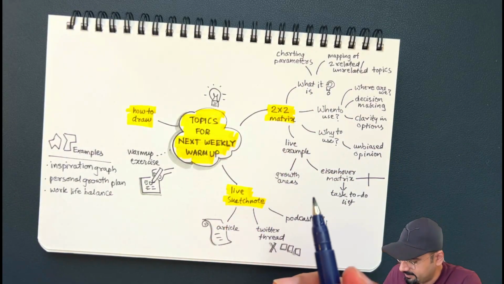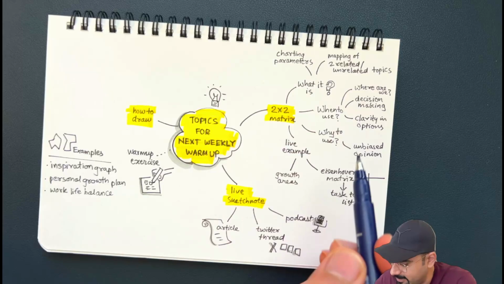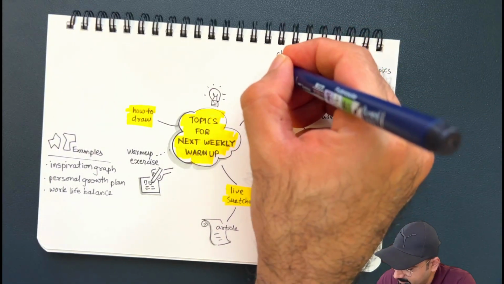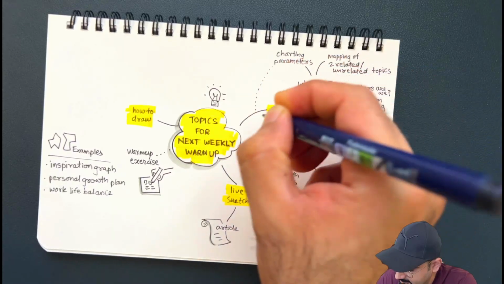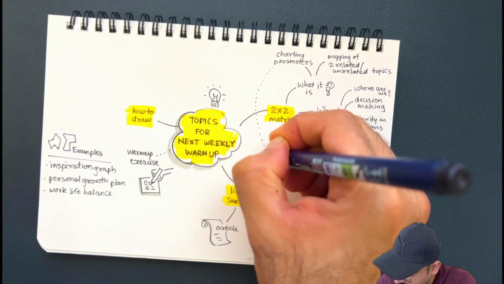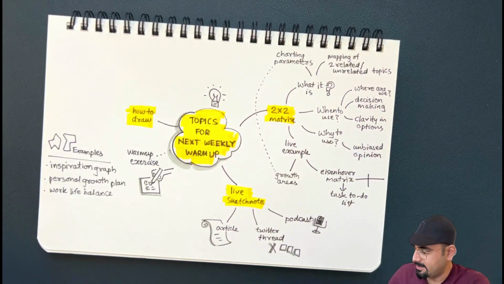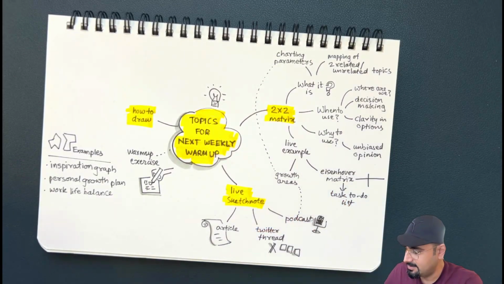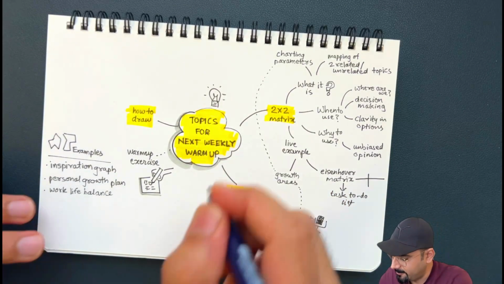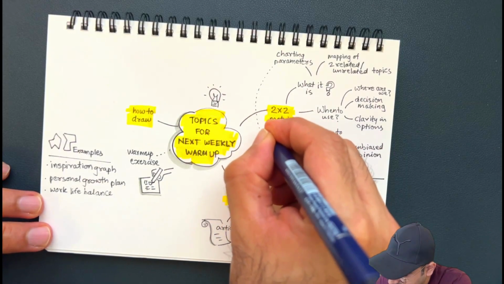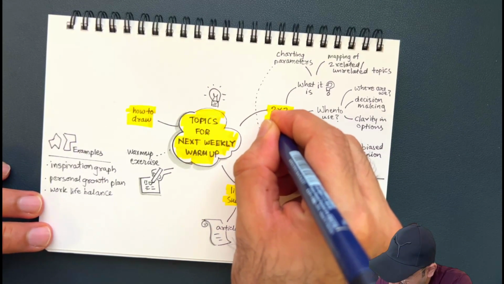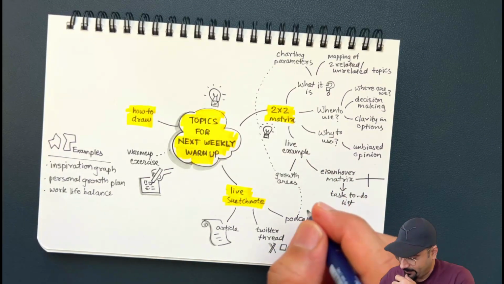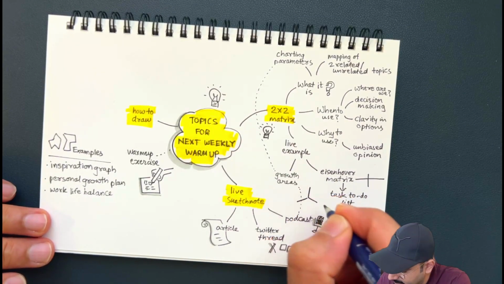So in this case, let's say charting parameters, if I make a connection between that and growth areas, or growth areas and podcast, that can give me some interesting ideas. Or it can open up a new dimension to think about.